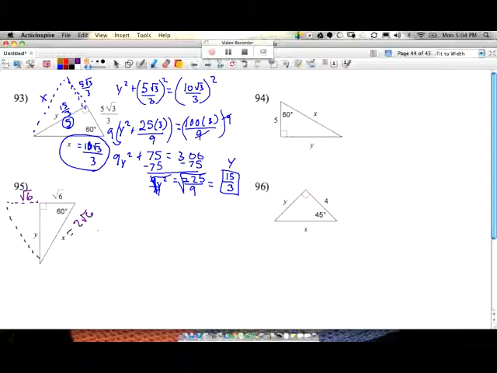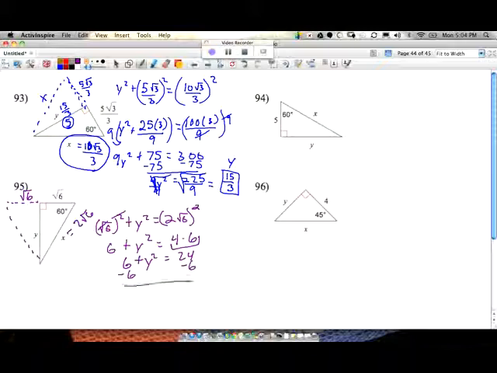And then to find y, I could use the Pythagorean theorem. So square root of 6 squared plus y squared equals 2 square root of 6 squared. These two pieces just give me 6 plus y squared. On the left side, that's 2 times 2 and radical 6 times radical 6, so that's 4 times 6, which makes 24 equals 6 plus y squared.